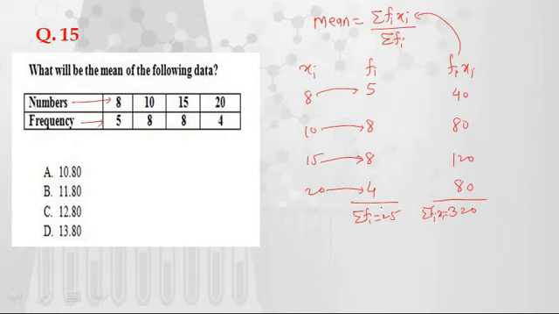Now if we put these values in this formula, summation of fi xi divided by summation of fi, summation fi xi is 320 divided by summation of fi is 25. If we do the division, its answer will be 12.80. So the correct option for question number 15 is option C.